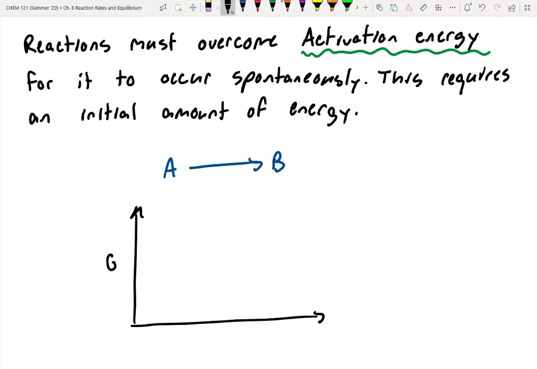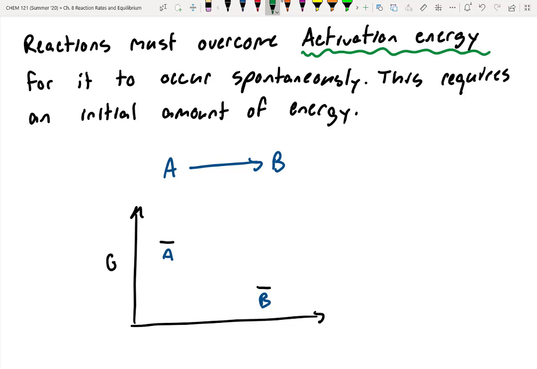Okay, so I know it's a lot of nitty-gritty terms here, but if the reaction's spontaneous, that means that we're going from some starting material A down to some product B that is going to be lower in energy, right? That's why it's spontaneous, it wants to go to a lower energy state.